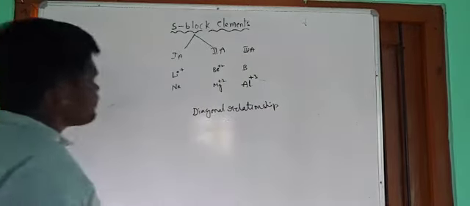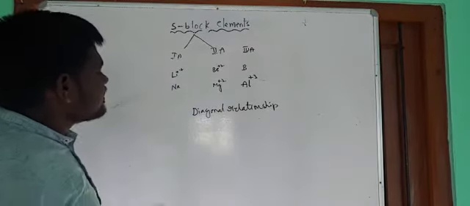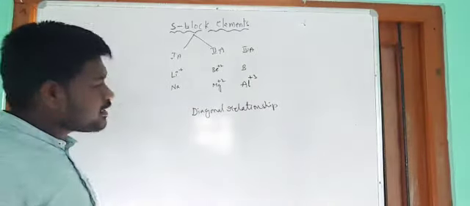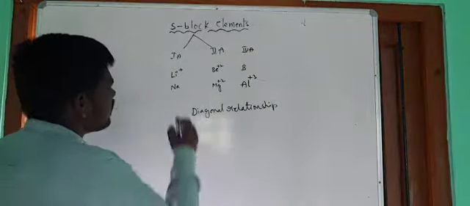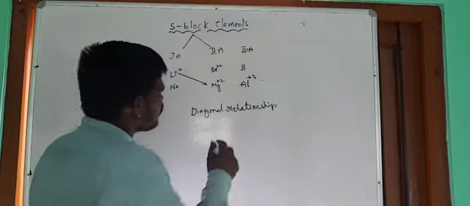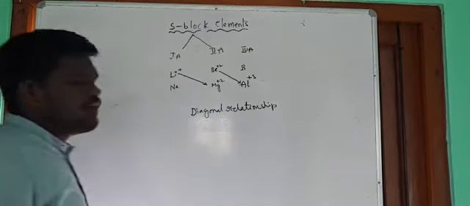If an element or an ion shows similar properties with the second element ion of the next group, then that property is known as diagonal relationship. So here Li+ and Mg2+ are similar in their properties, and Be2+ and Al3+ are similar in their properties.